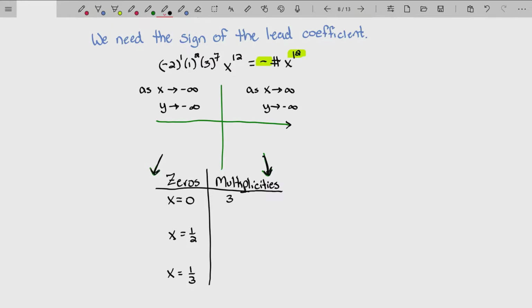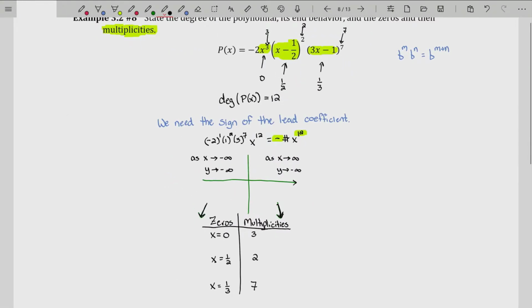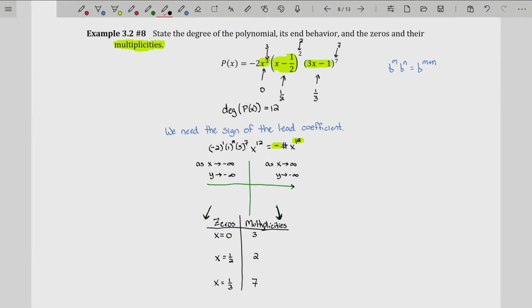And x equals 0 had multiplicity 3. 1/2 was a 0 of multiplicity 2, and 1/3 was a 0 of multiplicity 7, again, because those were the powers on the factors. So this totally does not look like a terribly, terribly challenging style of problem. Right now it doesn't. And actually in the long run, I hope it's not. But we're going to use all of this information to help us graph in the long run.